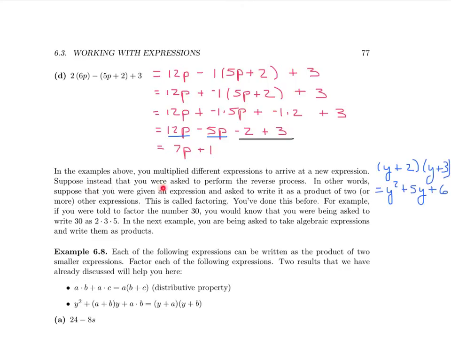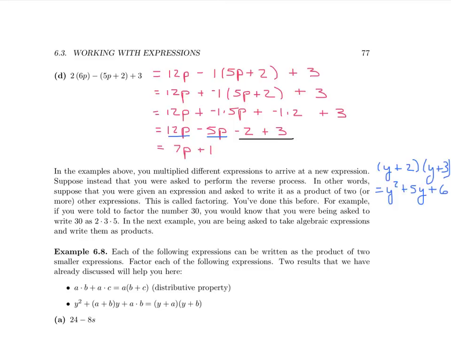Suppose instead that you were asked to perform the reverse process. In other words, suppose that you were given an expression like y squared plus 5y plus 6, and you were asked to write it as a product of 2 or more other expressions. So suppose instead I had given you the expression y squared plus 5y plus 6, and I told you to write it as a product, like this.